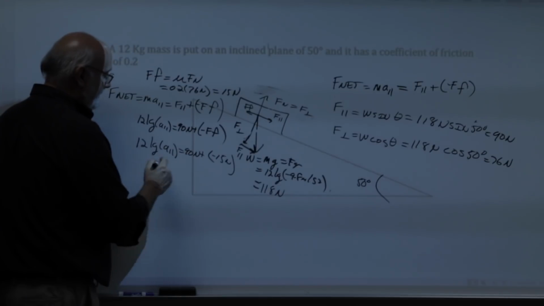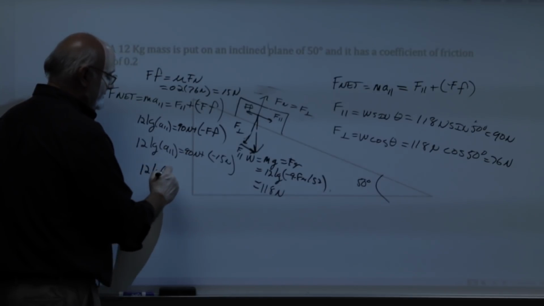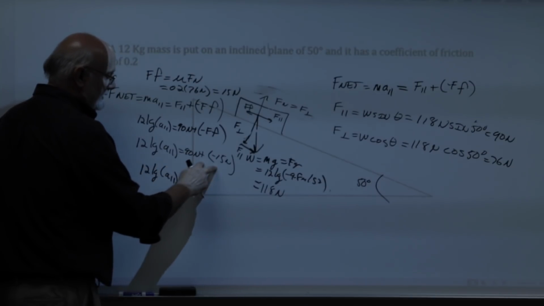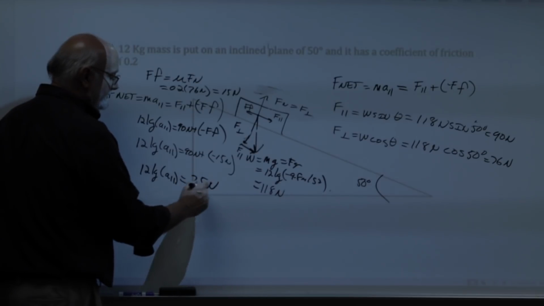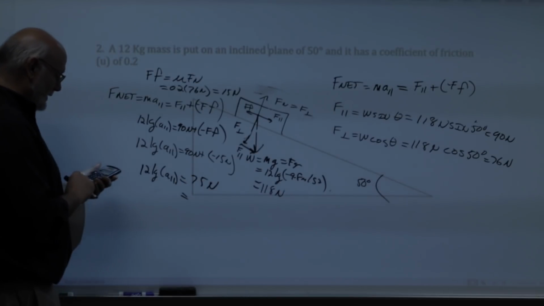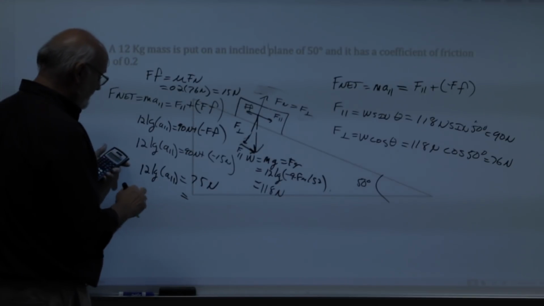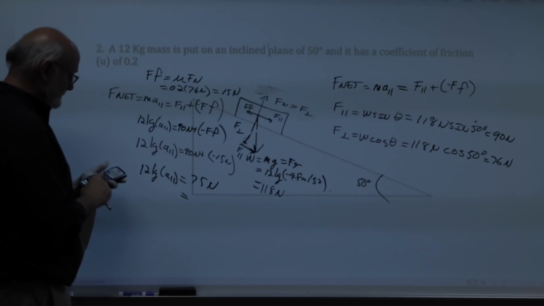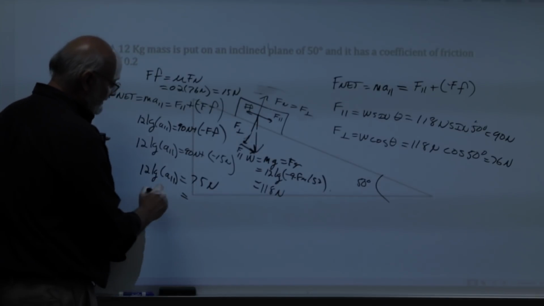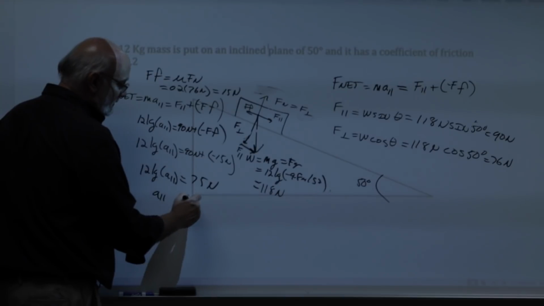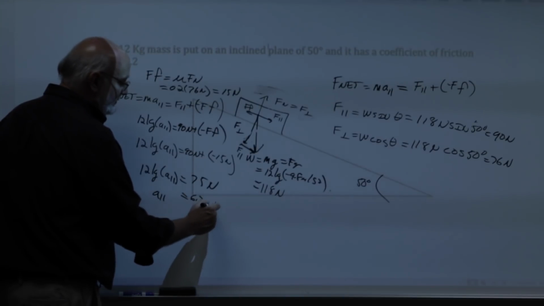So we go, okay, 12 kilograms times the acceleration equals 75 newtons. And now we're going to go 75 divided by the 12, and we get 6.25. So the acceleration, we'll call it 6.3 meters per second squared.